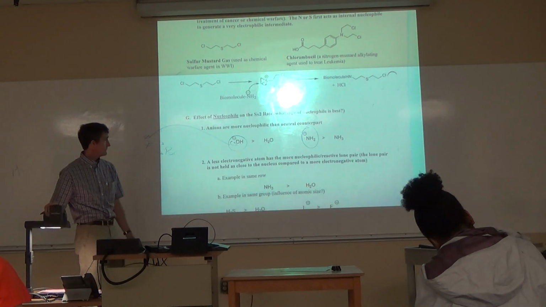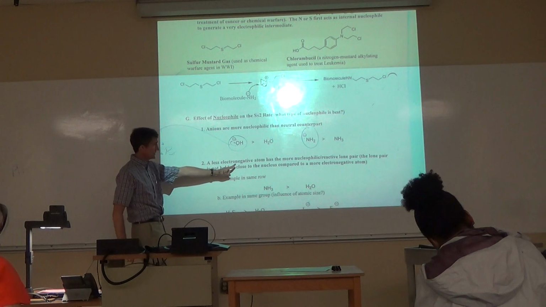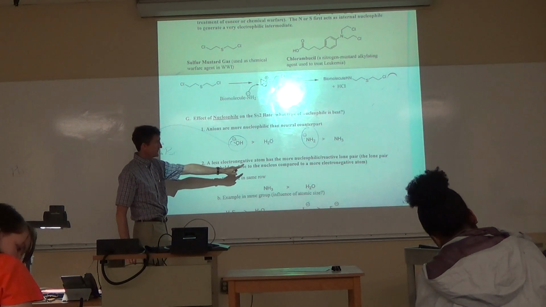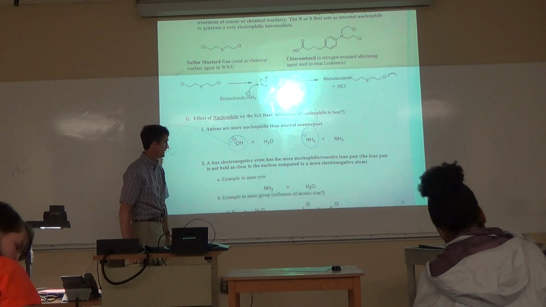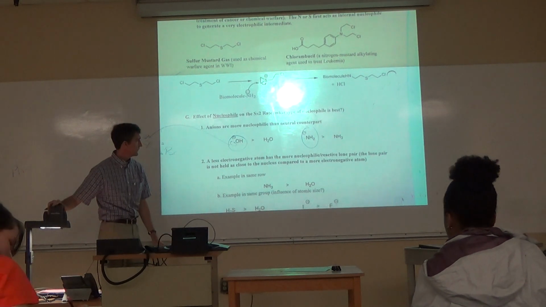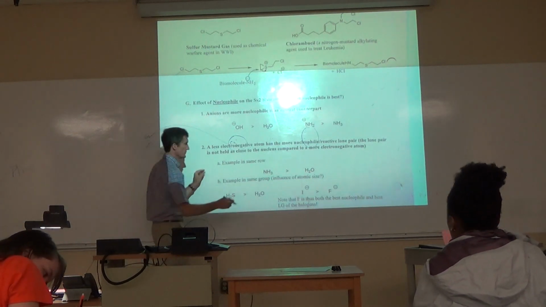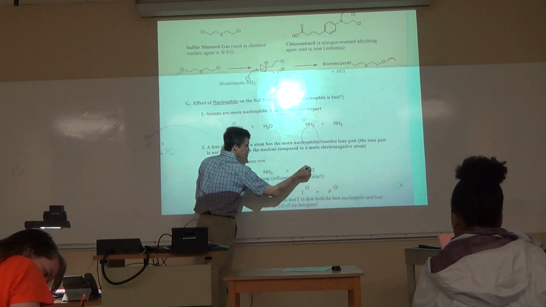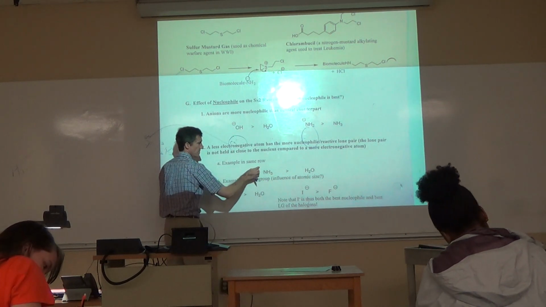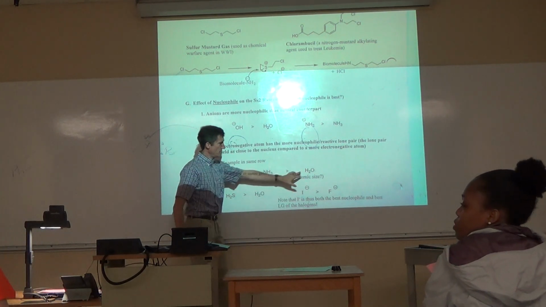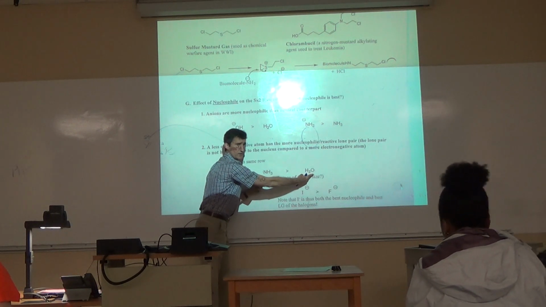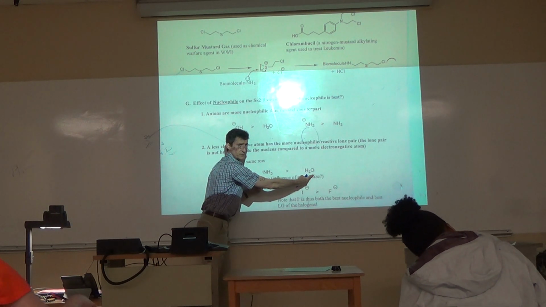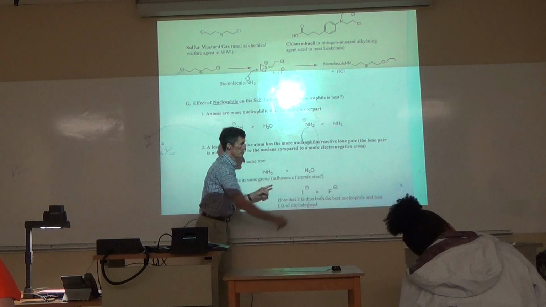Okay? Next, a less electronegative atom has the more nucleophilic lone pair. We've sort of said this before when we talked about acid-base chemistry. Ammonia is a better nucleophile than water. Why? Well, they're both neutral, so you can't look at minus versus neutral.